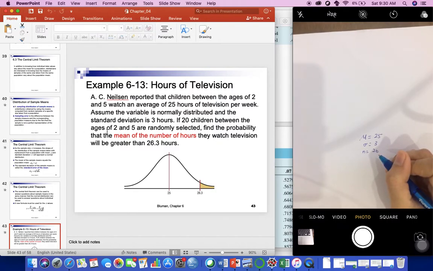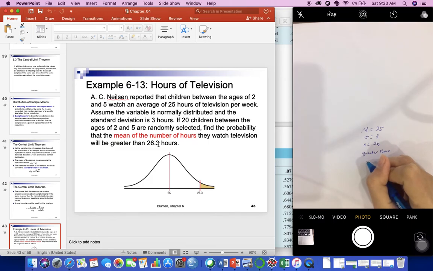Find the probability that the mean of the number of hours they watch will be greater than 26.3, so 26.3 is X.